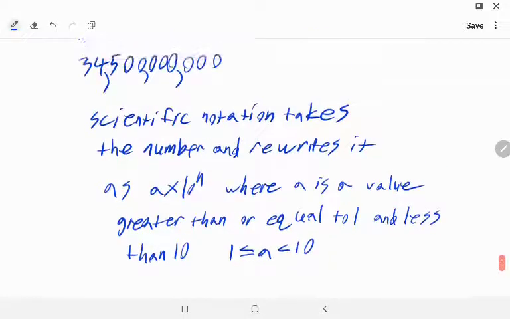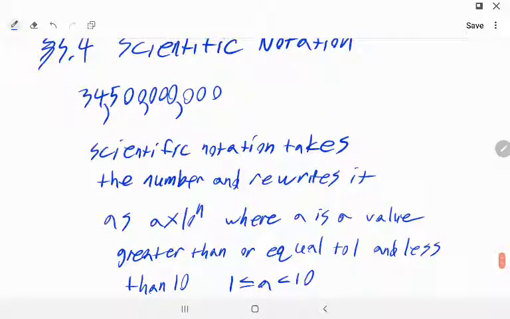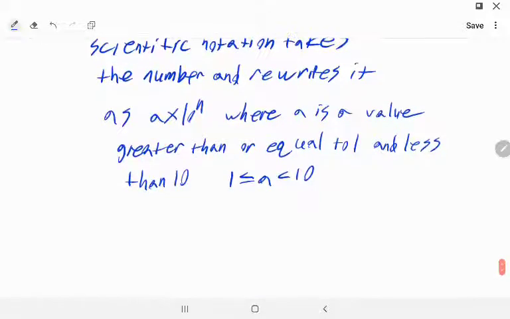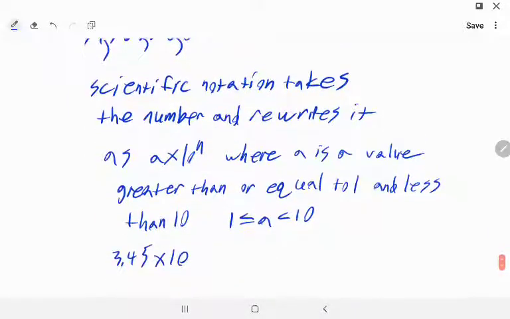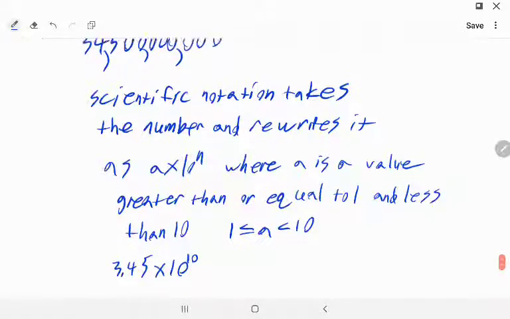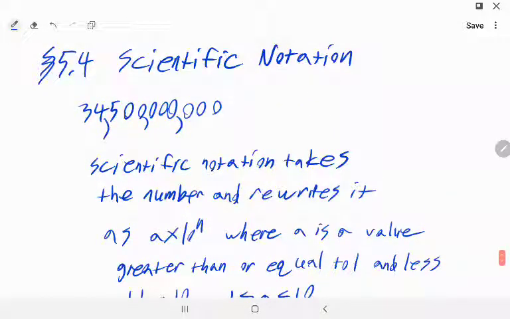And so we notice that 34 billion 500 million we could write as 3.45 times 10 to the 1, 2, 3, 4, 5, 6, 7, 8, 9, 10th. And why did we pick 10? We picked 10 because we count off from where we could imagine the decimal point being.